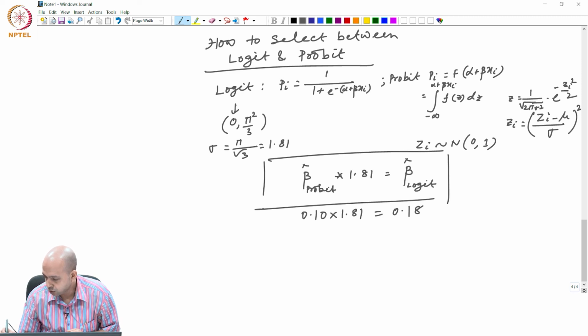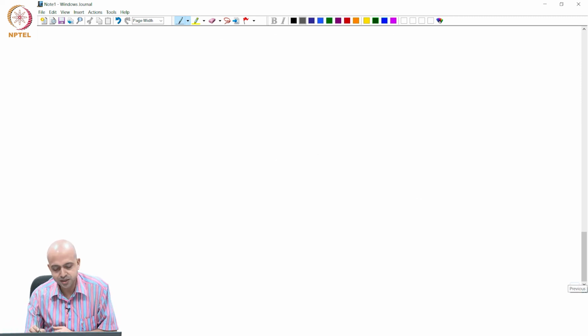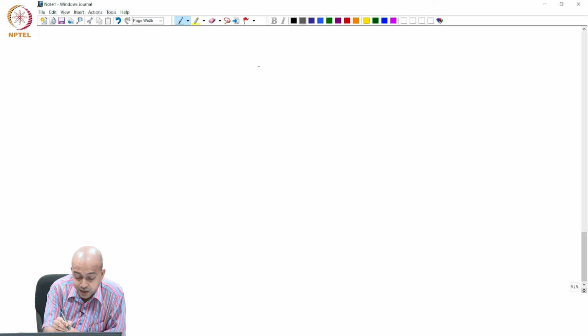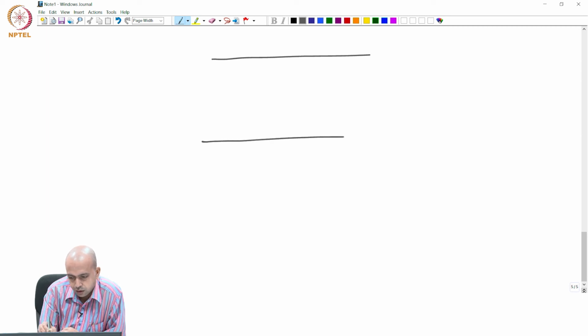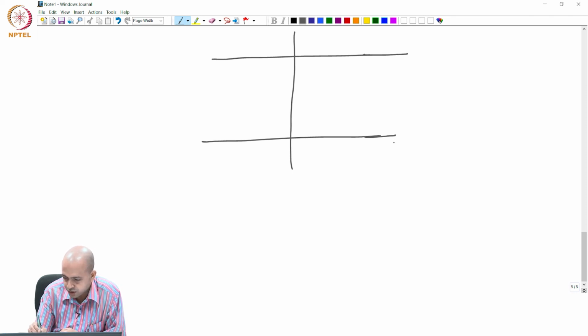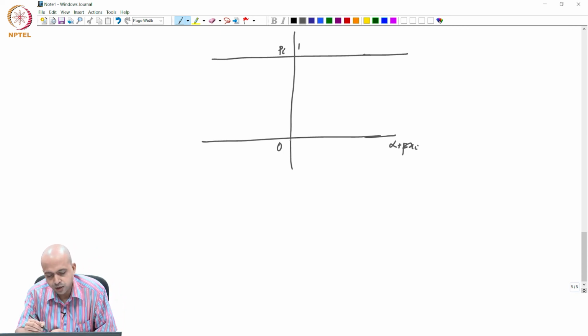For most of the cases, this simple diagram will explain which one to choose. This is alpha plus beta xi, here I am measuring pi, and this is 0, this is 1, okay.